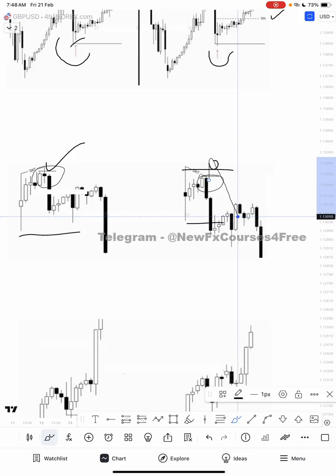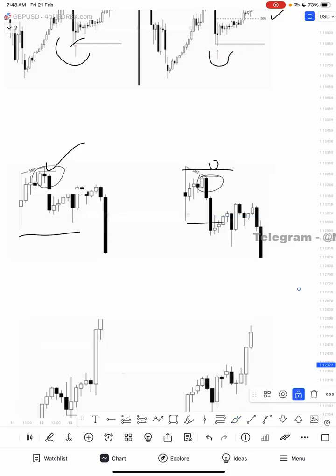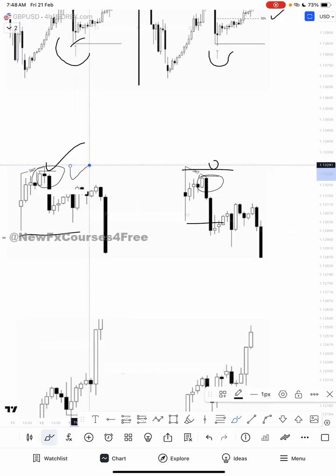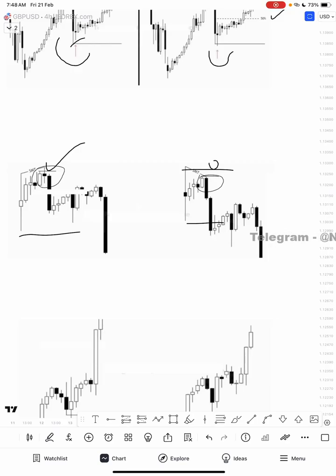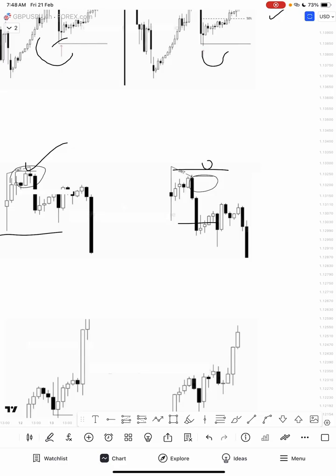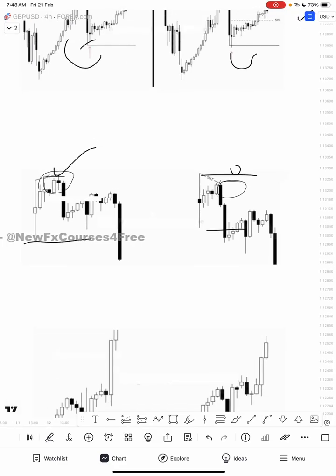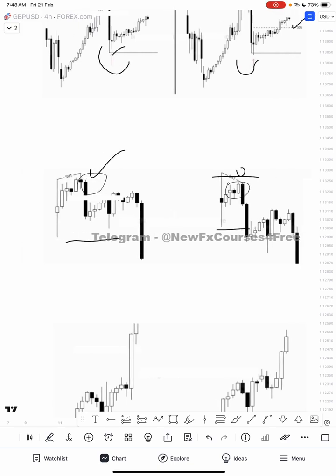So this is actually more weaker than this here. So if you want to actually profit more of SMTs, trade the weaker assets. So to actually show you this is actually more weaker here, let me show you something real quick.